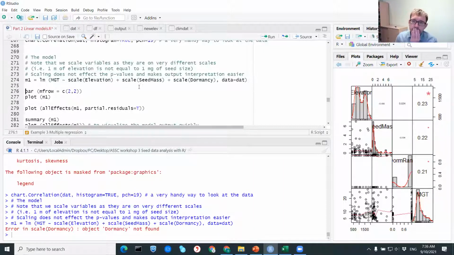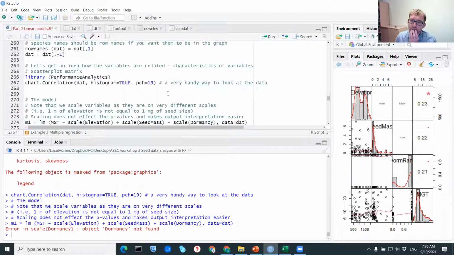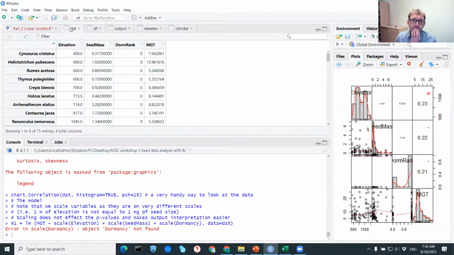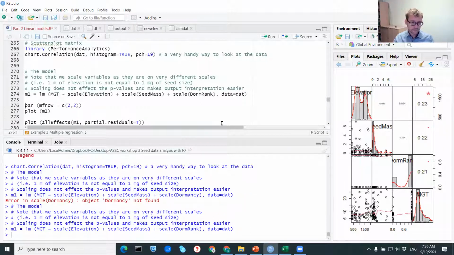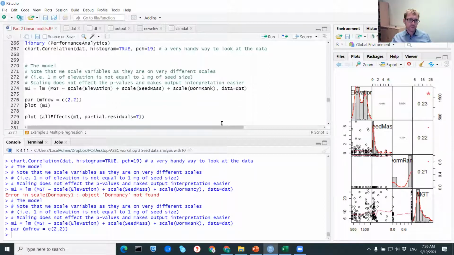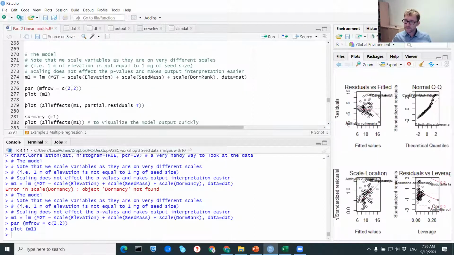So let me see, we have some, okay, it's called dormancy. Again, before I take a look at the model output, I check whether I met the assumptions.